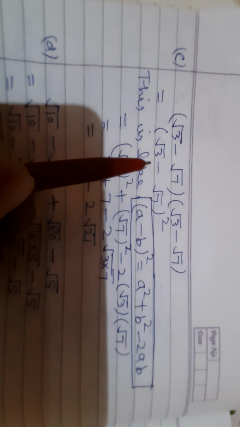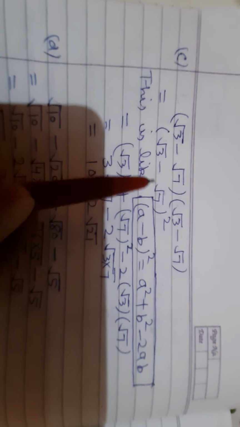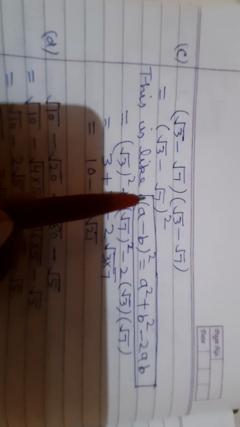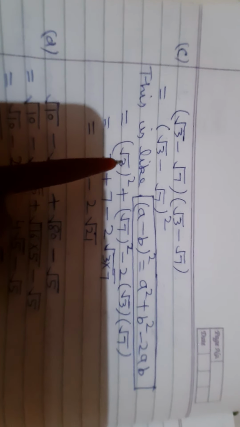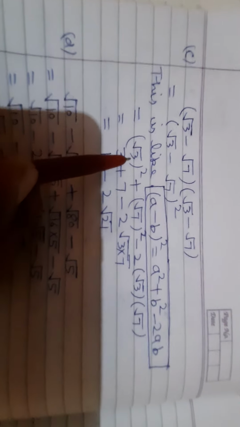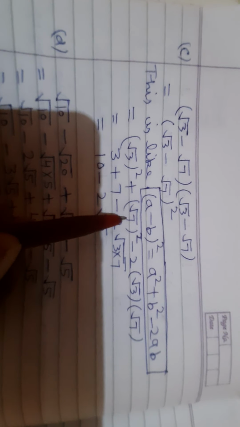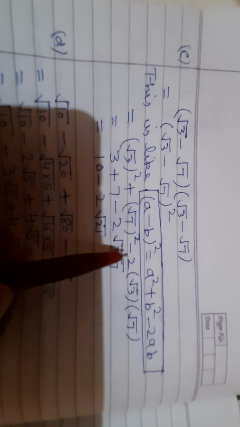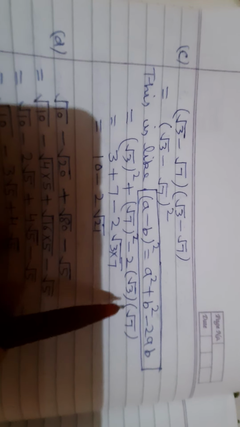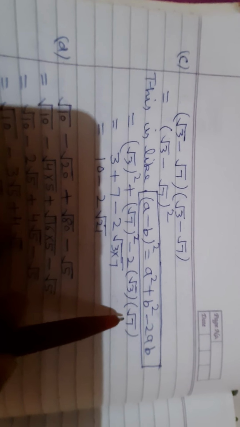Here the value of a is root 3 and the value of b is root 7. So when we expand this, a square is under root 3 square, plus b square is under root 7 square, minus 2, a means root 3 and b means root 7.